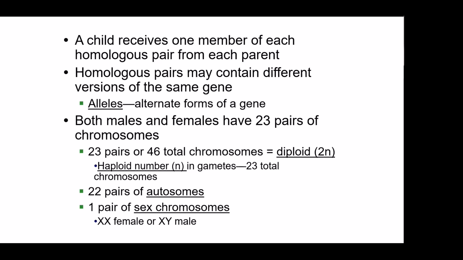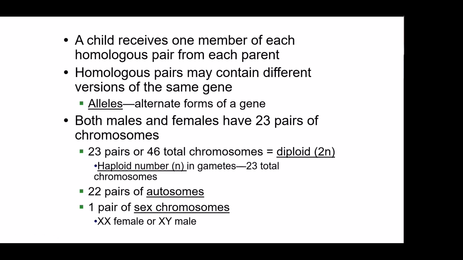And we'll talk all about those when we talk about the Mendelian side of genetics. We also then have the other two, number 45 and 46, our sex chromosomes, with the female being XX and the male being XY.